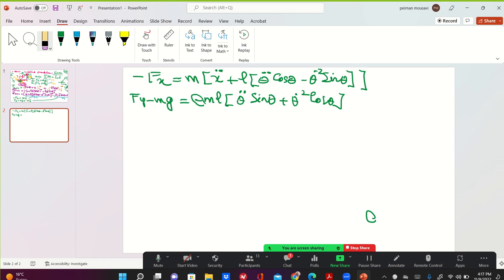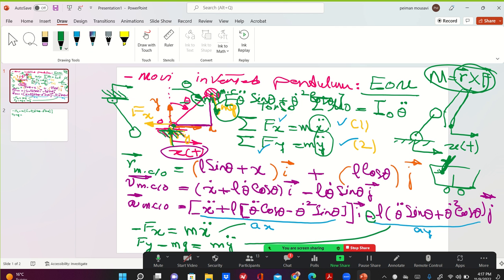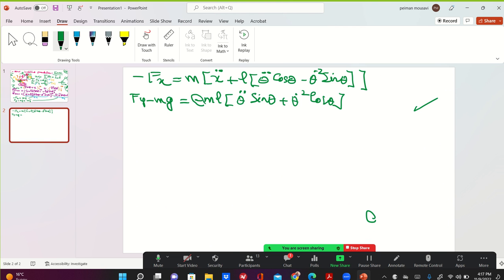Clear, everybody? The question is that I want to derive the equation of motion for the moving pendulum, the differential equation that we derived in the previous class. So now you can use the moment equation, but around the mass center.